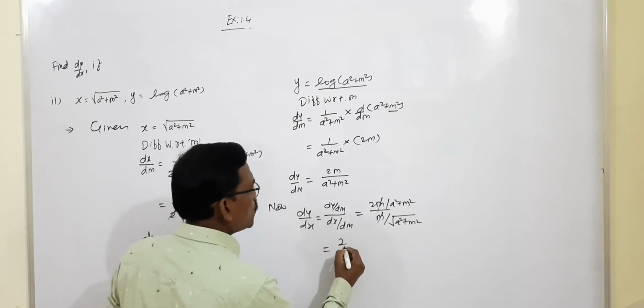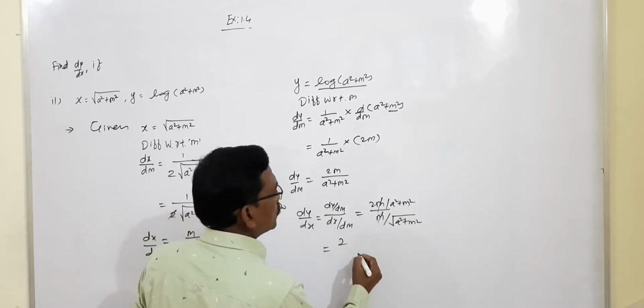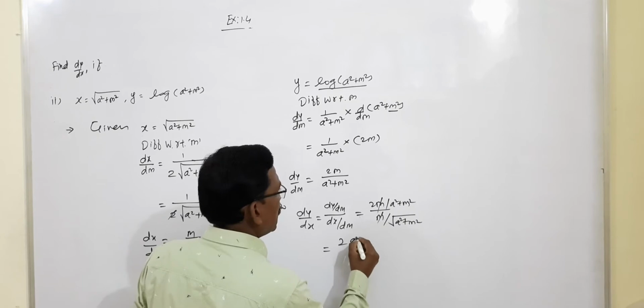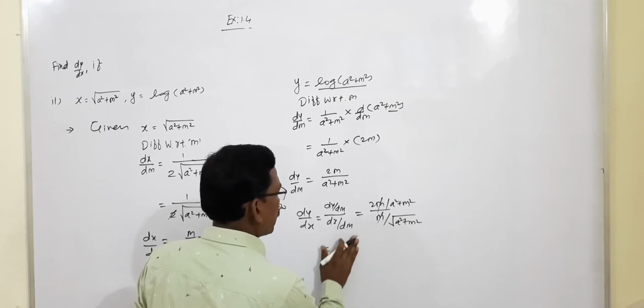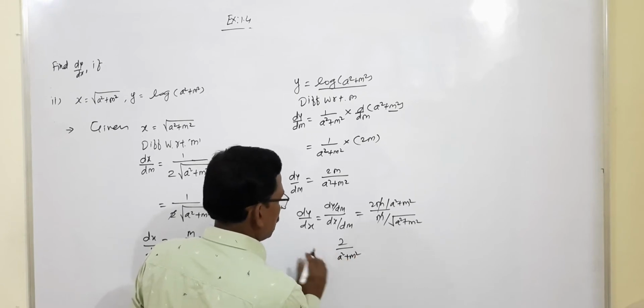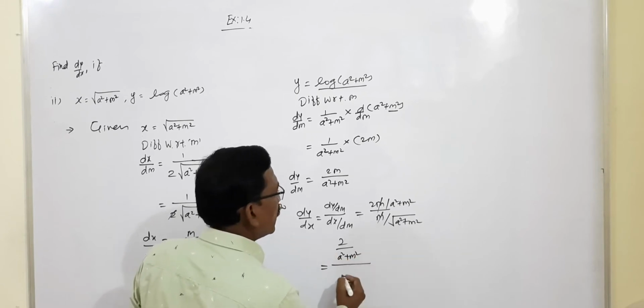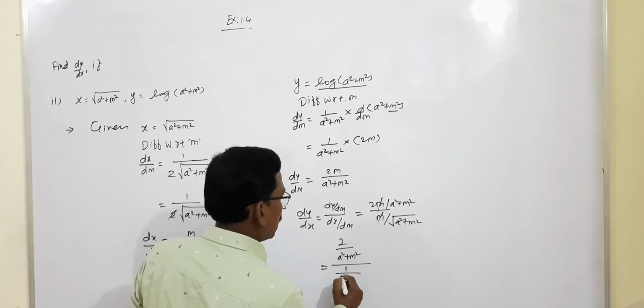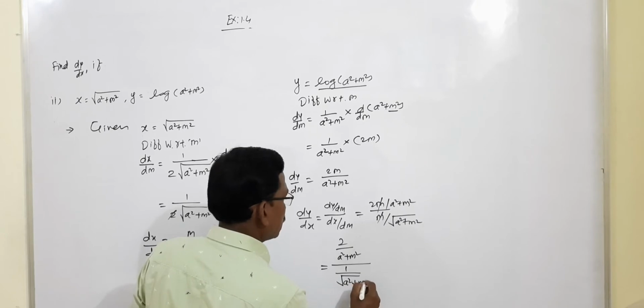It is 2 by a square plus m square whole divided by 1 by root of a square plus m square.